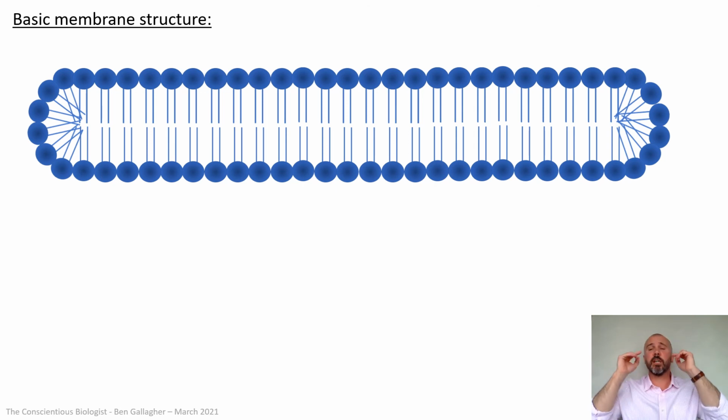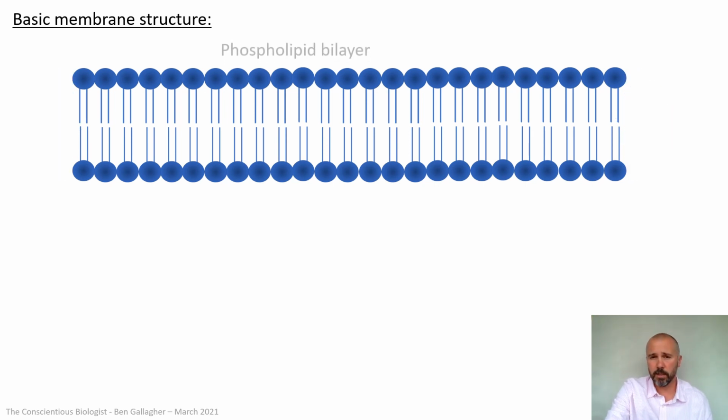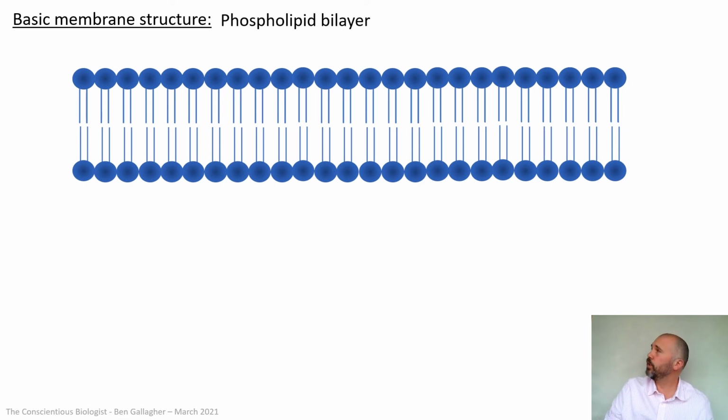So imagine if this diagram extends back into the screen and out towards you, so you've got a big sheet of protected lipids all together now. Now, if we take the ends off this, I can label that because that is a phospholipid bilayer. It's 2, that's the bi, layers of phospholipids.